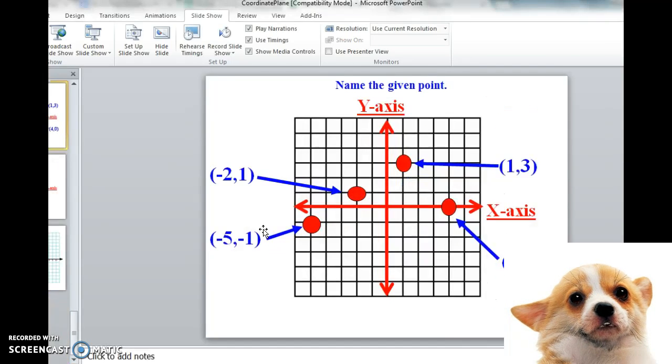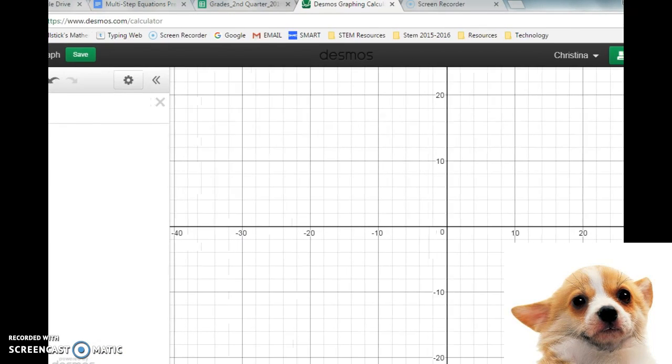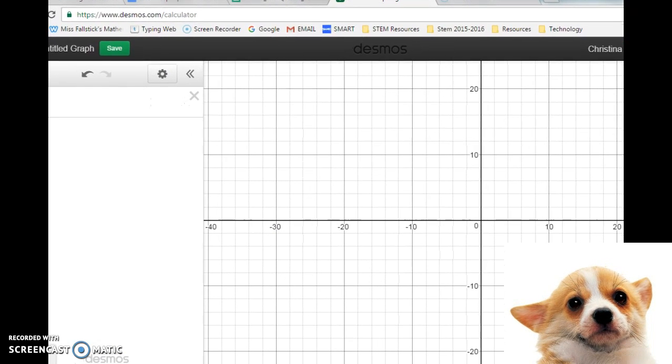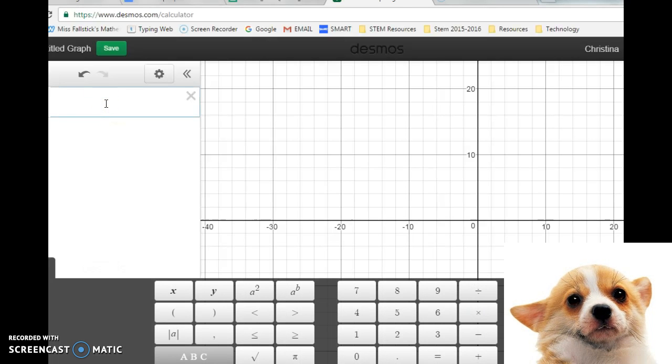Okay, now what we're going to do is take a look at an online example. Say I wanted to graph the point (+3, +4).